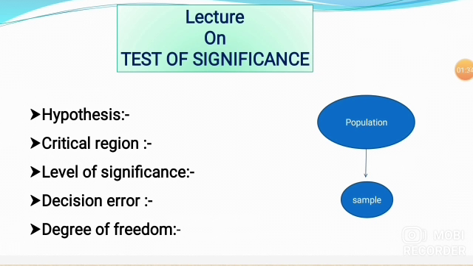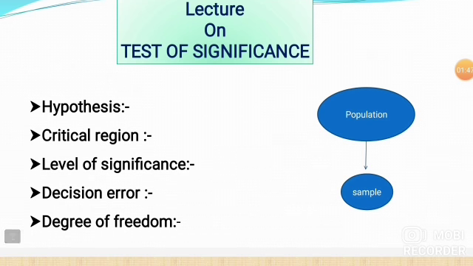Another situation: in many experimental works, estimation of the numerical value of a parameter will not be of direct interest to us. Instead, we may be interested in making decisions about the population on the basis of sample information. For example, a variety of paddy will give better yield than the running variety, and a particular crop management method will result in better yield of a crop.